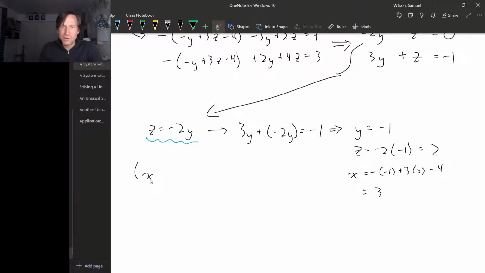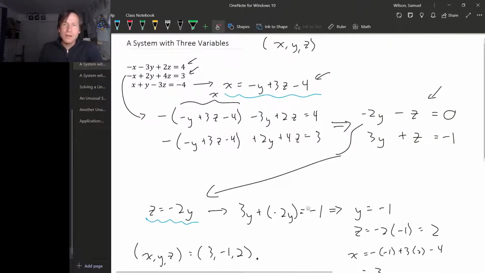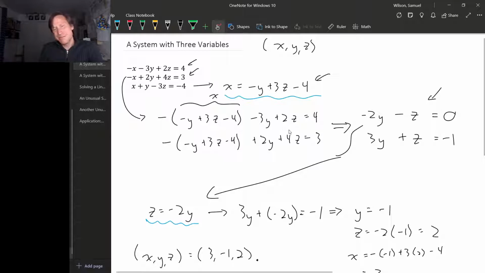So our x, y, and z are 3, minus 1, and 2. All right. Well, that seemed to work okay. You can see it was a fair amount more work than a two-variable system, but that's to be expected because, after all, there are more variables lying around.